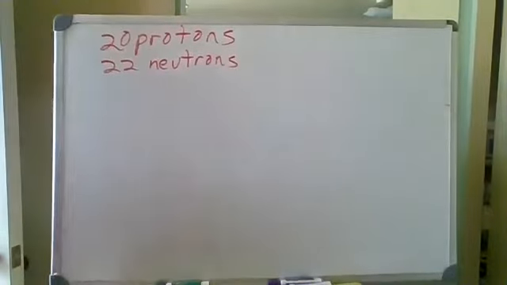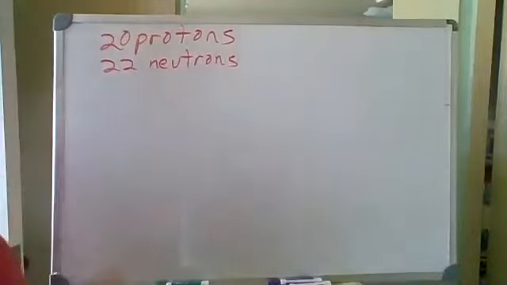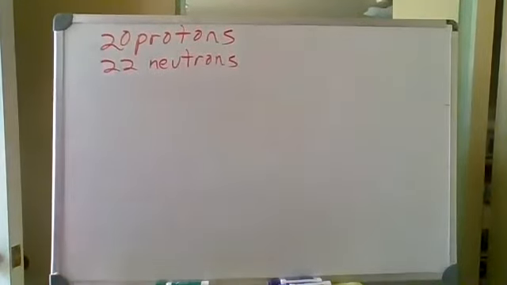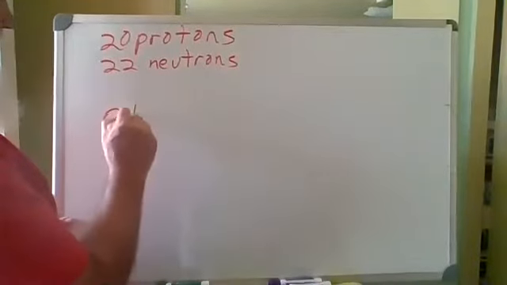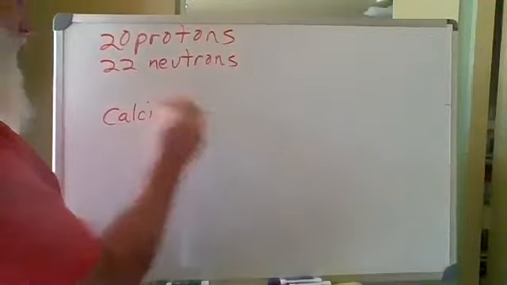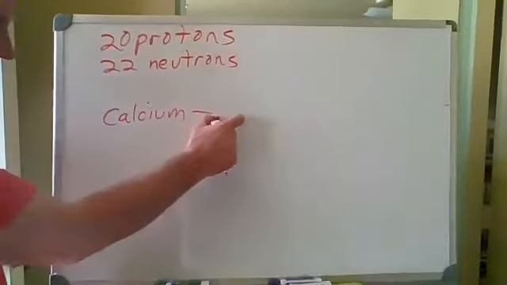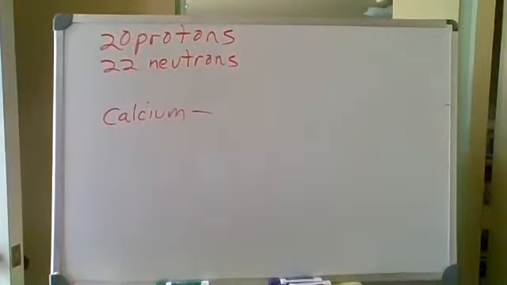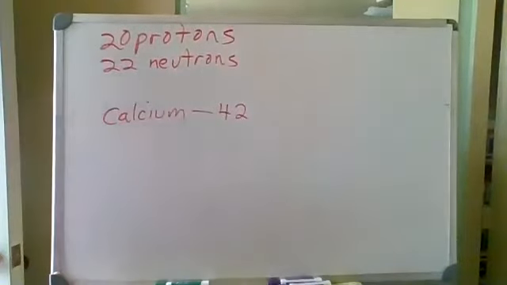All right, so how do we write symbols for that? Let's do the name first. The name of the element: calcium. Calcium dash what? Remember, this is going to be the mass. 42. Protons plus neutrons is the mass.